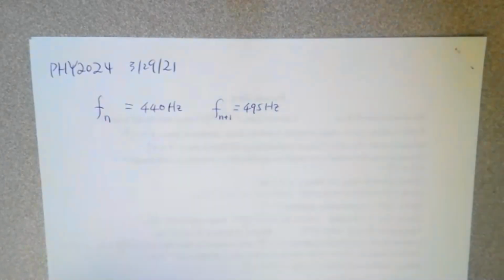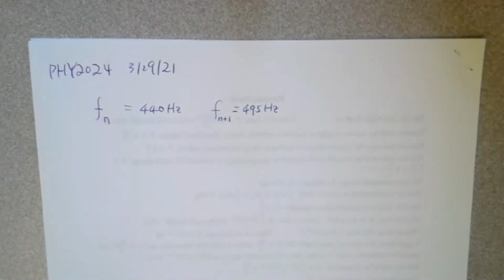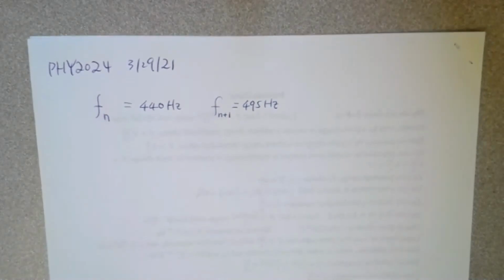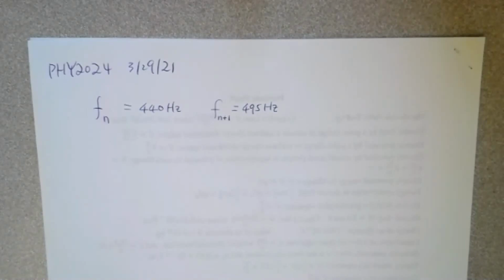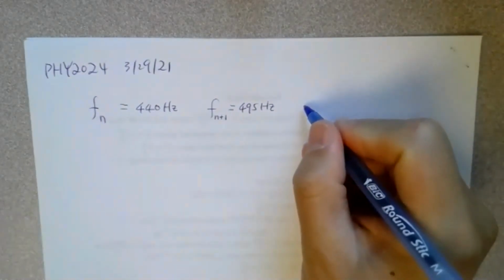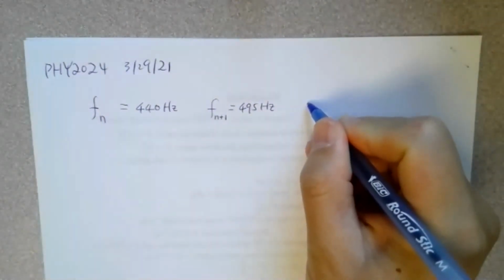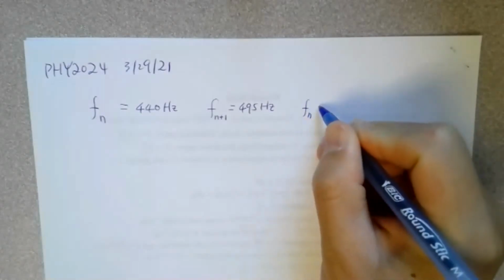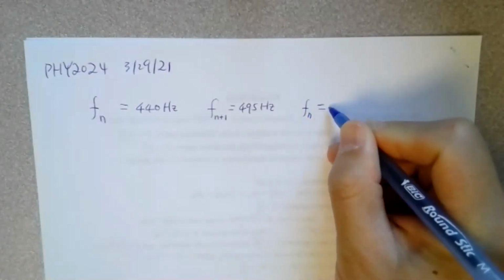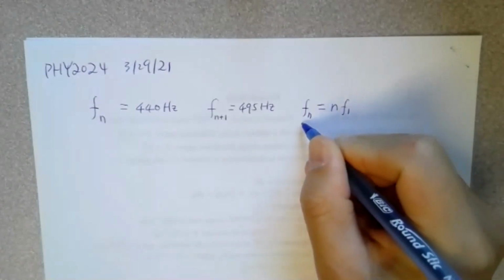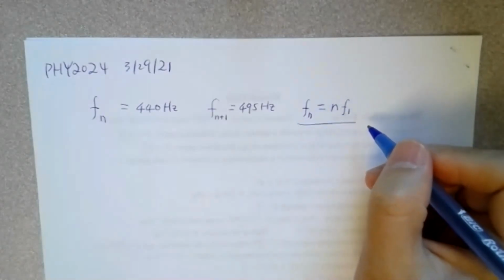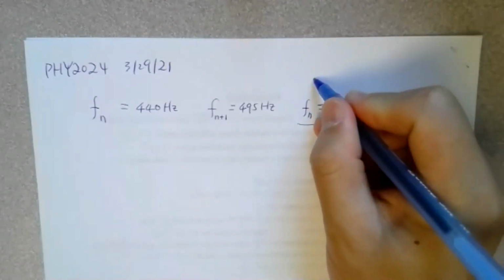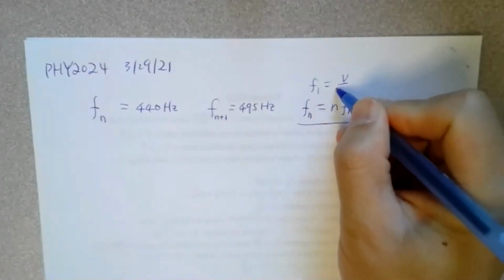Now this is an organ pipe with both ends open. So the nth order frequency will be equal to n times f1. You can check the previous page for the equation, with f1 equal to v divided by 2L.